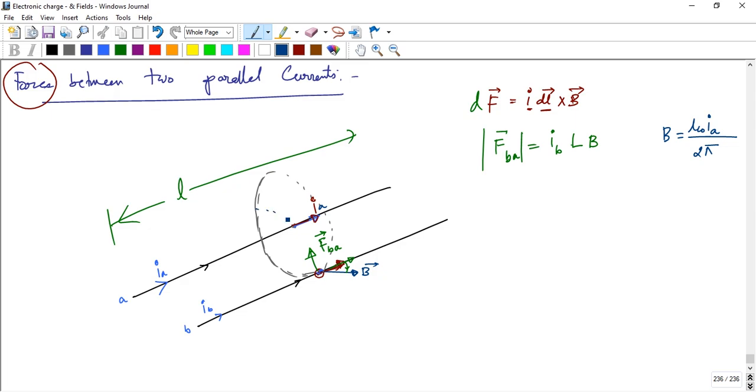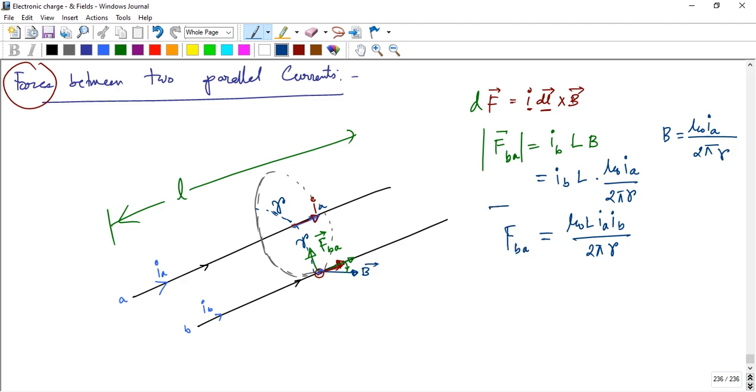Now put it here: I B L B replaced by mu naught I A by 2 pi R. So the final expression we get is mu naught L IA IB by 2 pi R. That is the force FBA.